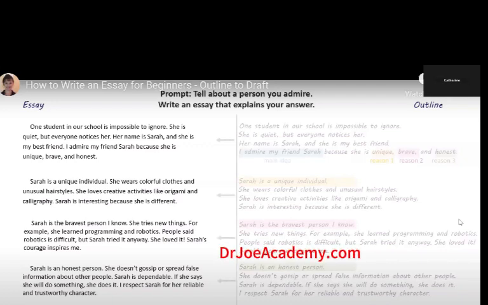Sarah is an honest person. She doesn't gossip or speak false information about other people. Sarah is dependable. If she says she will not do something, she does not do it. If she says she will do something, she does it. I respect Sarah for her reliable and trustworthy character.